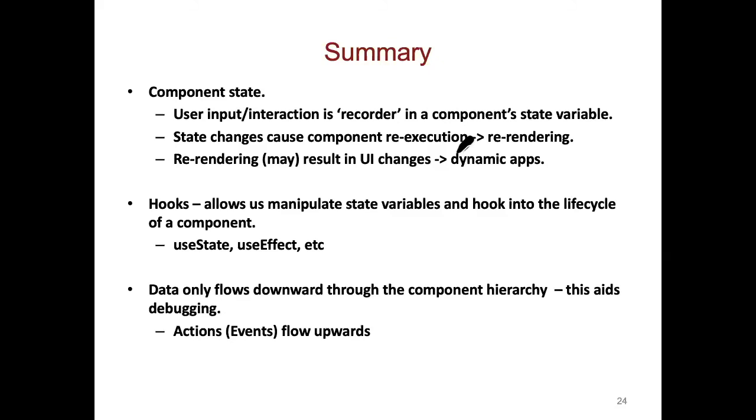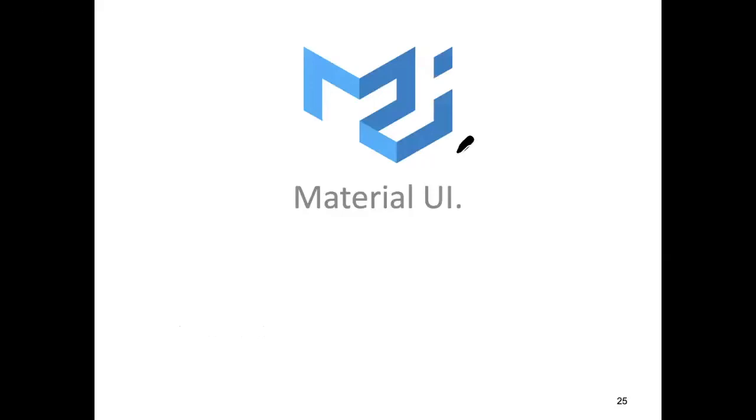Okay. So component state, hooks, and data flow is what we've talked about. I want to go back to a topic that I wasn't able to cover in my previous lecture, which is something called Material UI. You've already used this.